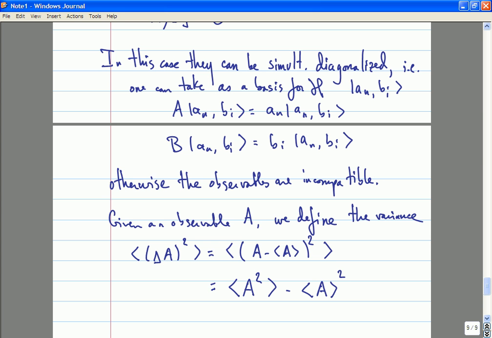So I want you to pause for a minute and prove to yourself that that first line is equal to the second line. The expectation value of the square of the difference between A and its expectation value is equal to the difference between the expectation value of A squared and the square of the expectation value of A. That pause is important. Okay, let's pause and stare at it for a minute.